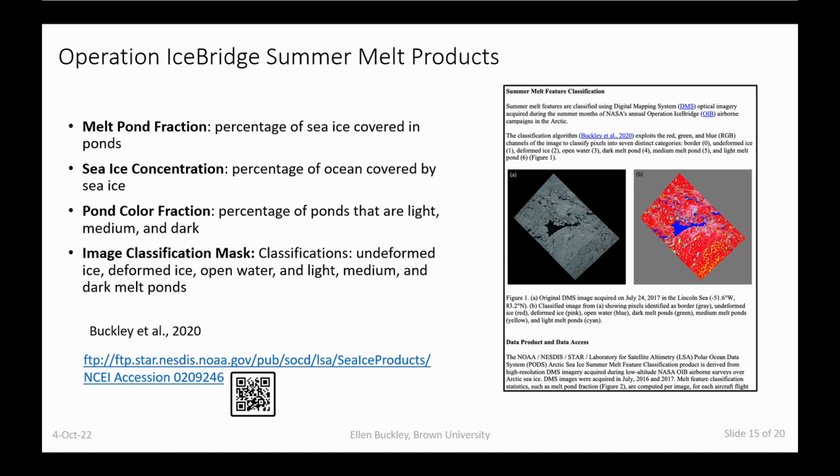So we have these full image classification masks, and then the derived parameters from each individual image: melt pond fraction, sea ice concentration, and then pond color fraction, which is related to the color of the ponds and how the ponds relate to the brightness of the ice in the image. But we're looking to do the same with the Sentinel-2 imagery.